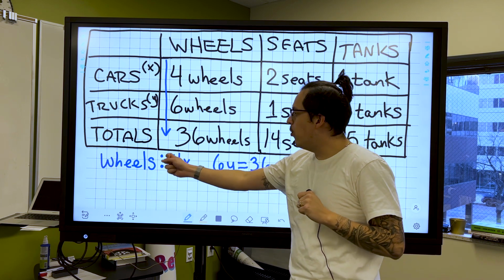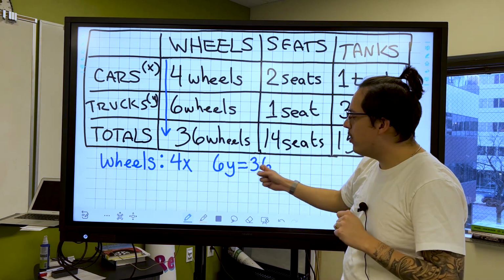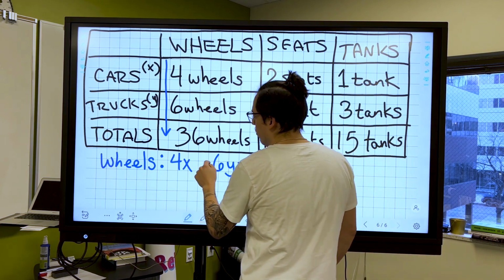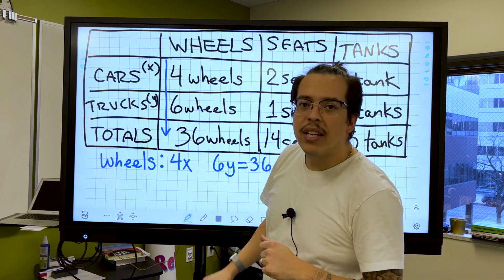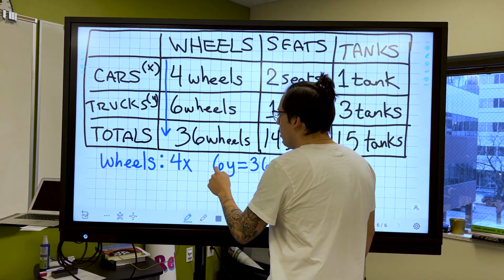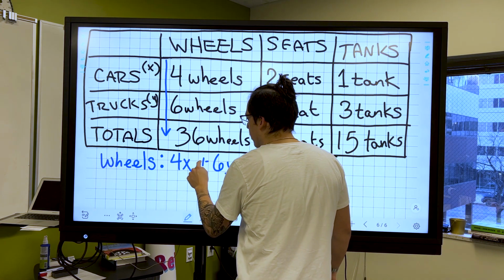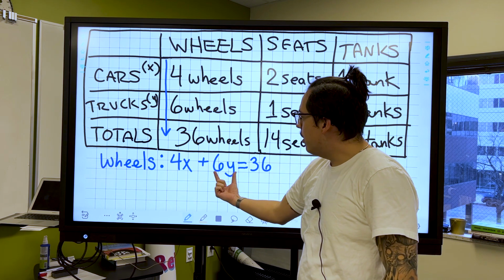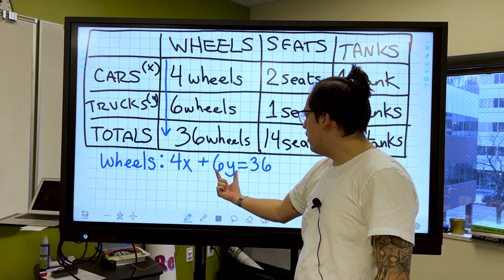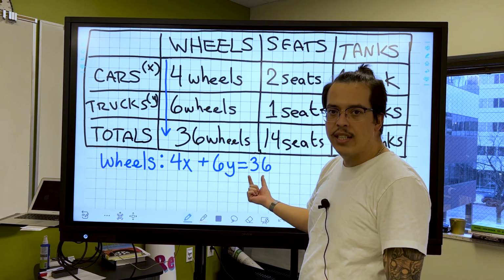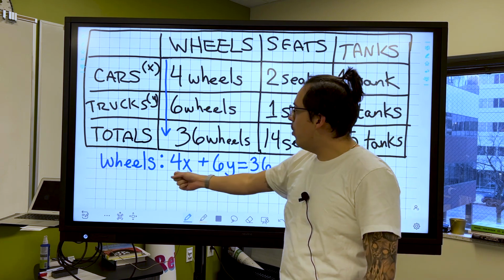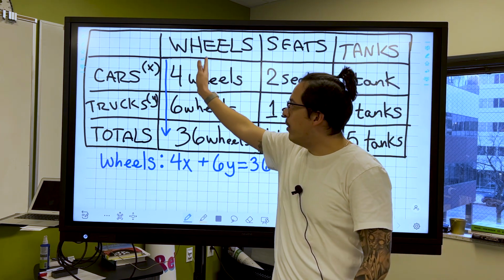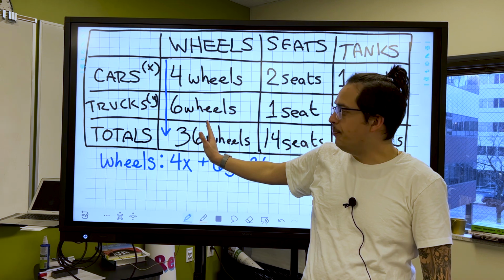So the number of wheels in my cars and trucks, ideally, meaning in the best case scenario, should total up to 36. The number of wheels I use in cars plus the number of wheels I use in trucks is 36. And we got this equation just by reading down our constraints column.